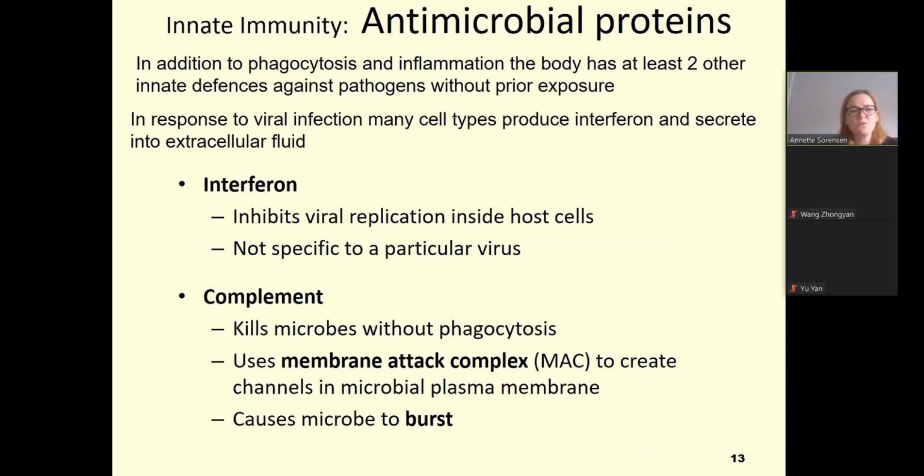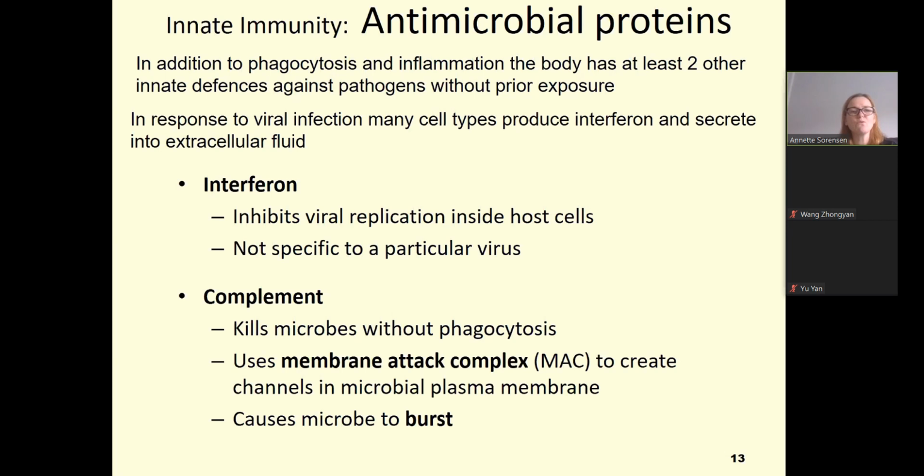Okay, so in addition to phagocytosis and inflammation, as we've just looked at, the body also has a couple of other innate defenses. Innate, remember, means it's not a specific defense against a certain pathogen. So it has two other innate defenses against pathogens without having previously been exposed to them.